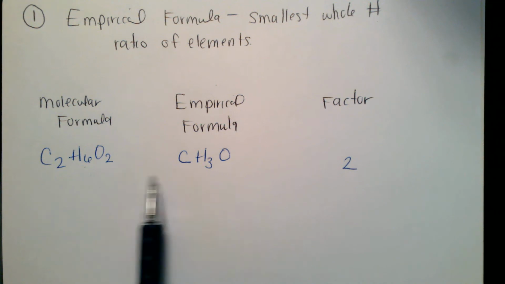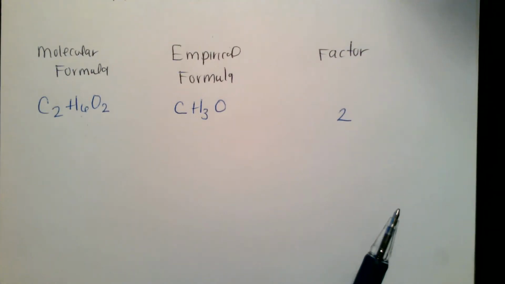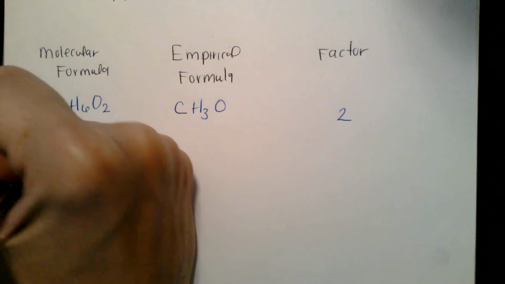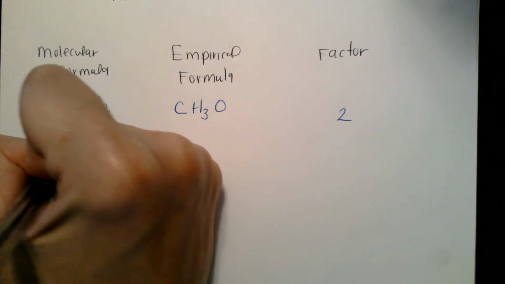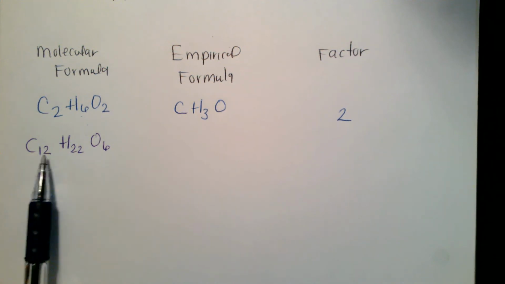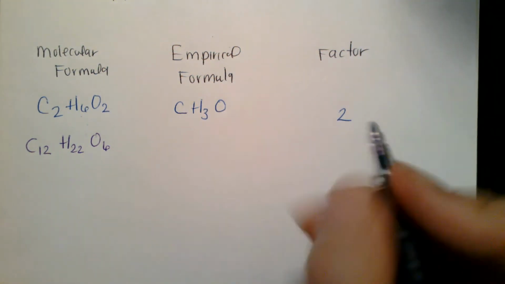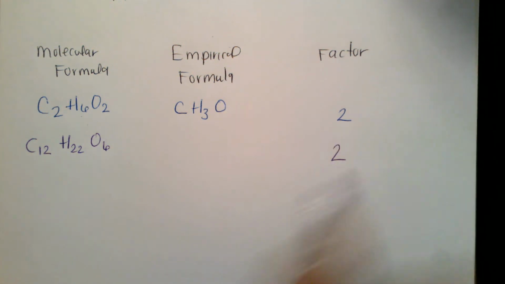Again, if we had to go the opposite way, we could take these and multiply through by 2 to get the molecular formula. Okay, so our next one was C12H22O6. Looks like this one is also going to have a factor of 2.